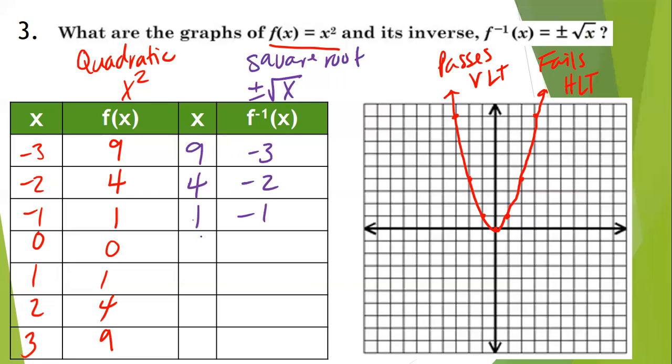This would be 1, -1, 0, 0, 1, 1, 4, 2, and 9, 3. Do we see that? So when I graph the inverse, what happens?